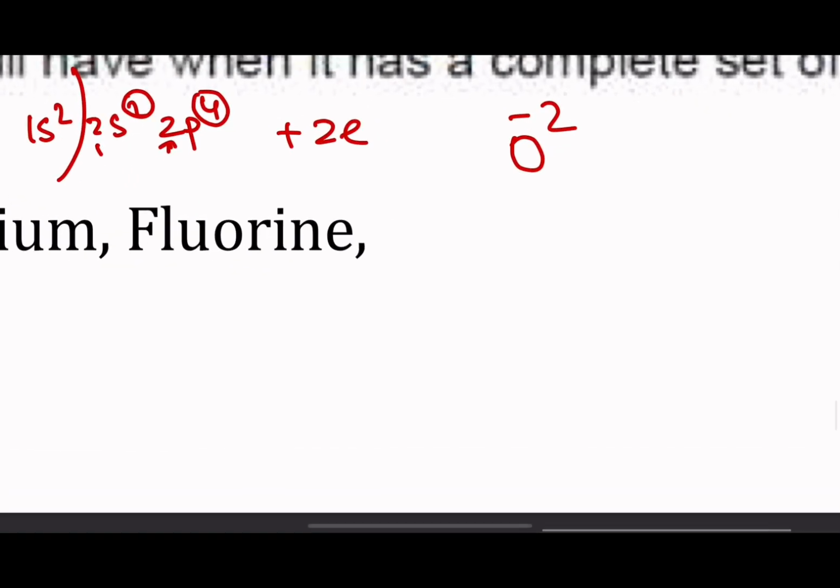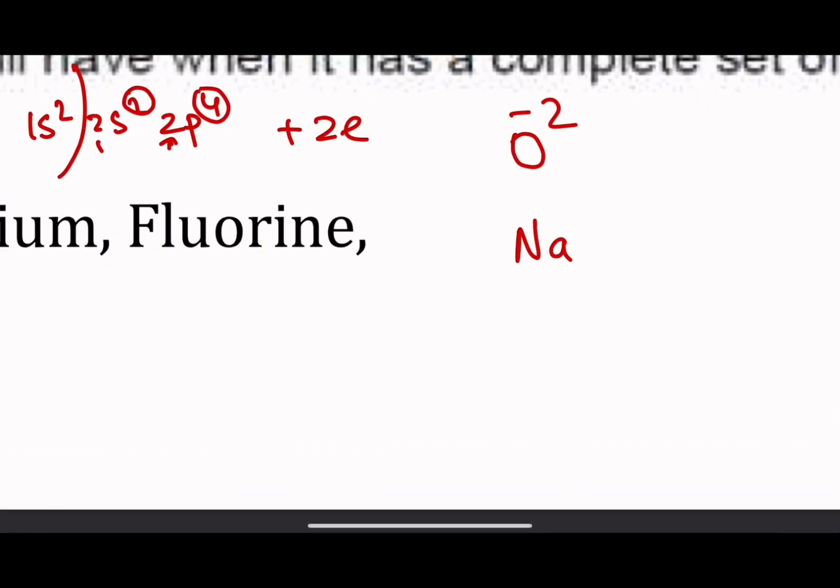Now sodium, because it's a third period and 1A group, will have the charge of +1 because the electronic configuration is 1s2, 2s2, 2p6, and it ends with 3s1, right?